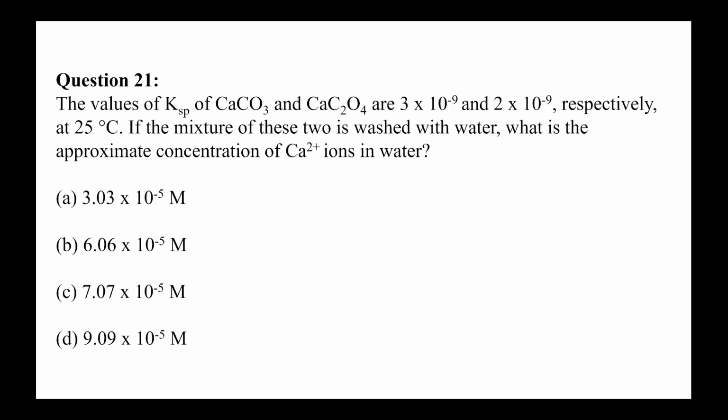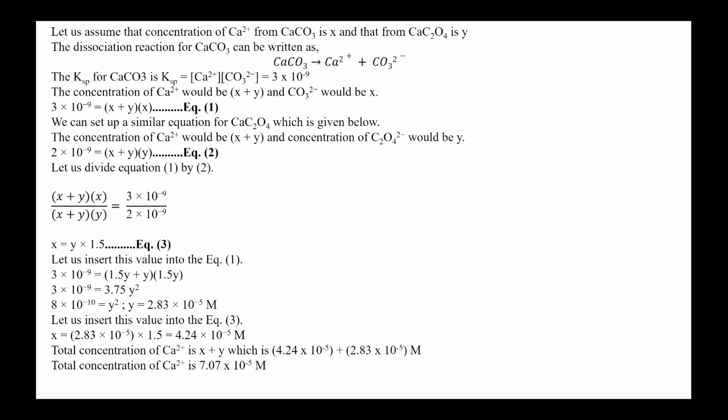So I hope you all have understood how to solve such questions. Here I have given a detailed solution just for explanation purposes. For calcium carbonate, the solubility product is given, so based on that you can calculate the solubility.